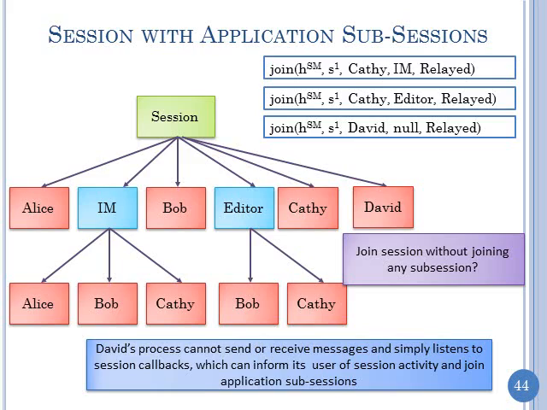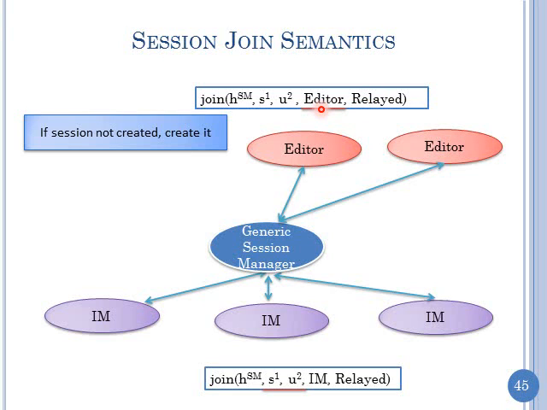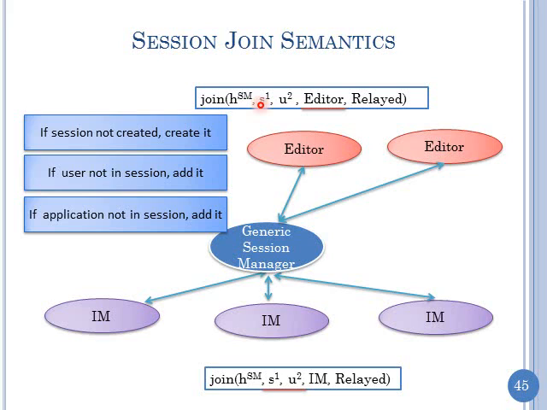Okay? So our session join semantics are the following. Now we have this extra call that is the application, and it says if session not created, create it. Okay, so it's got this argument, session argument. We saw this one before. If session doesn't exist, create it. If user not in session, add the user. Right? If application not in session, add it.